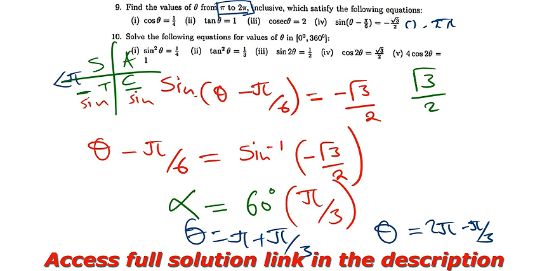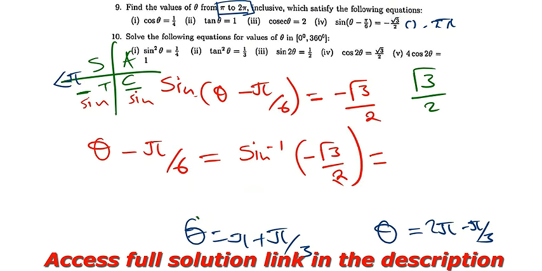So I can actually write down these values. 3 times the pi there, that gives us 3 pi plus pi, 4 pi over 3. And then 3 times the 2 pi, that's 6 pi minus pi, 5 pi over 3.